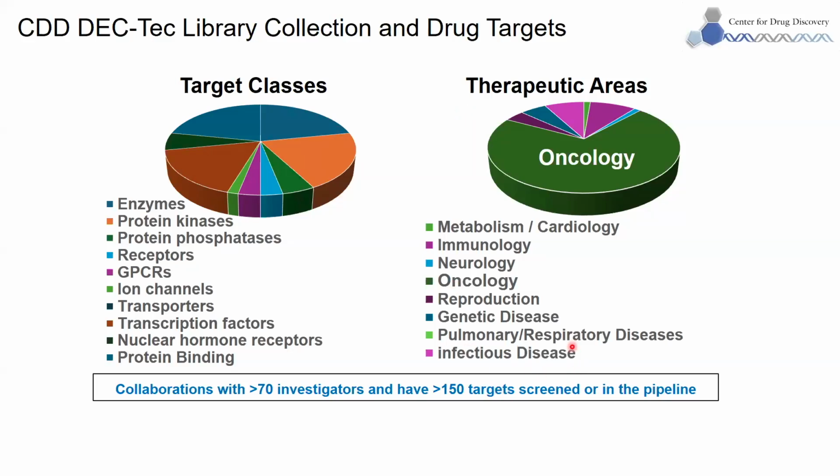So we do have this collection of small molecule libraries, and we collaborate with investigators across the USA and internationally. So far we can screen more than 150 targets in our pipeline.